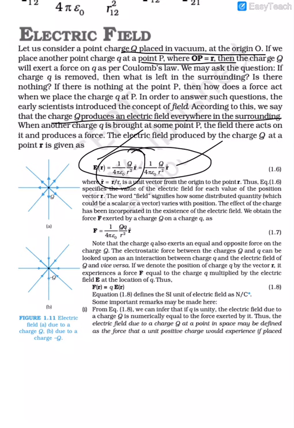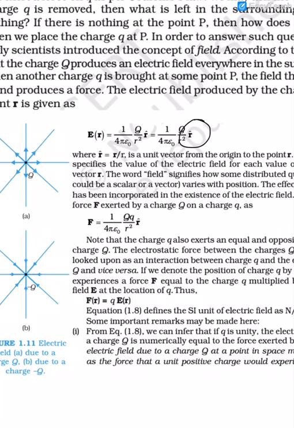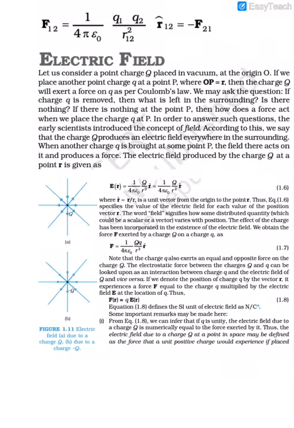Because I'm using the vector representation, I need to fix a unit vector as I told you earlier, and that unit vector is directed from O to P, which means that unit vector r cap is actually vector r divided by the magnitude of vector r. So this is the concept of electric field.